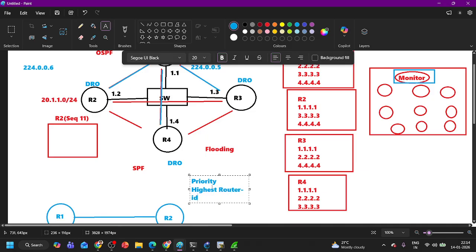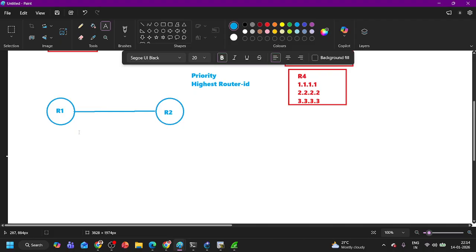Router ID is unique, router ID cannot be the same. Once routers have performed DR and BDR election, their state will move to ExStart.